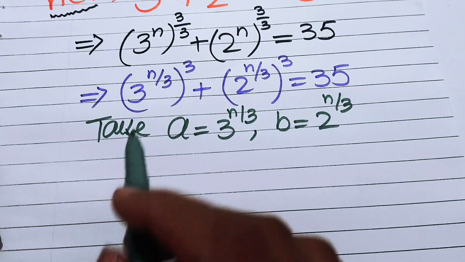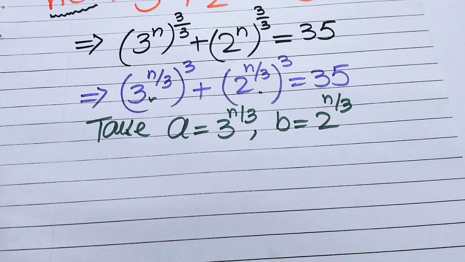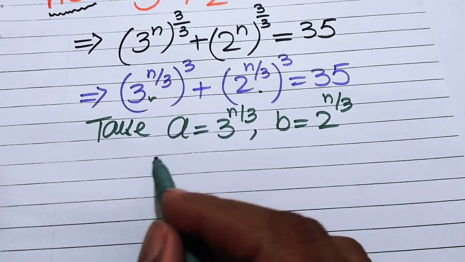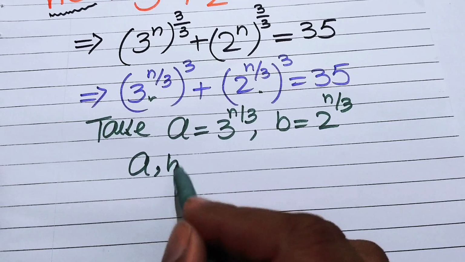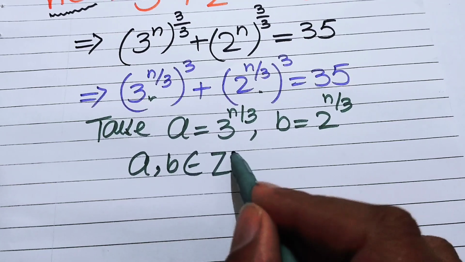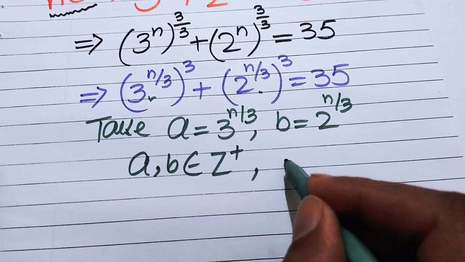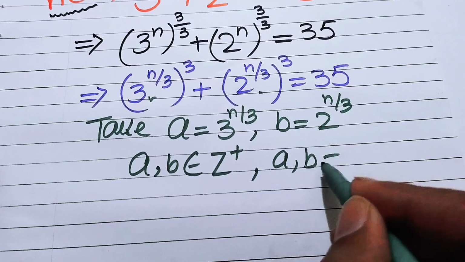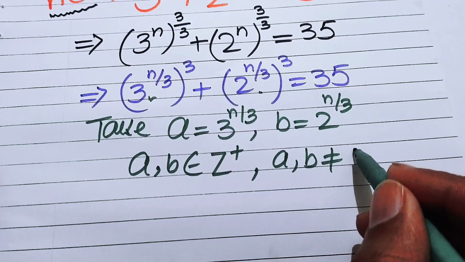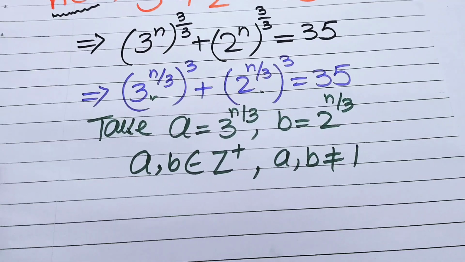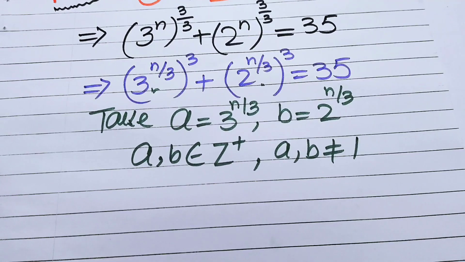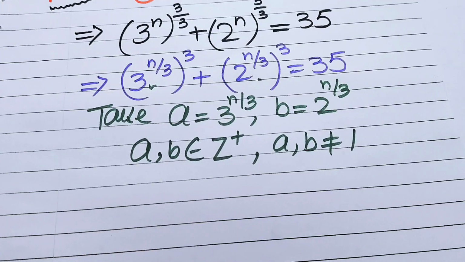So here we just substitute these values in a and b, and remember one thing: our a and b belong to the positive integers, and a and b are not equal to 1. So now we can solve this problem by remembering these conditions.